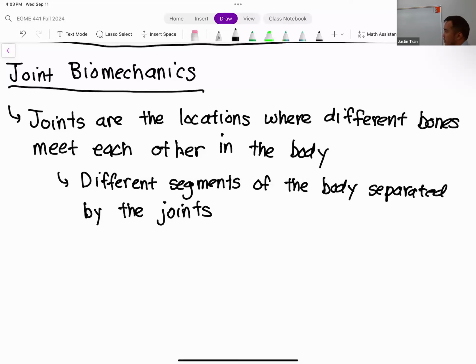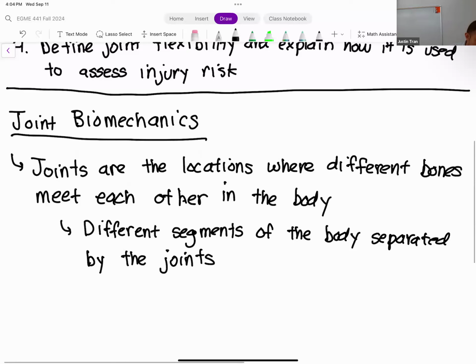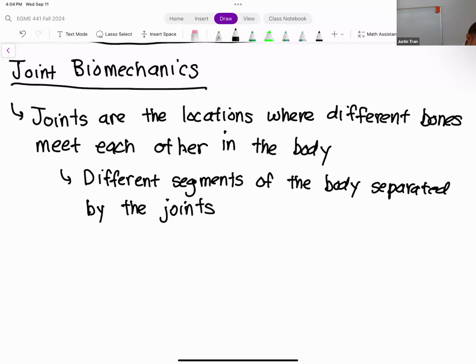Even though they're not strictly a type of tissue themselves, probably the most interesting biomechanics and the most interesting geometries occur at the joints. Depending on how a joint is structured and designed, that really determines the type of motion that your body is able to do.